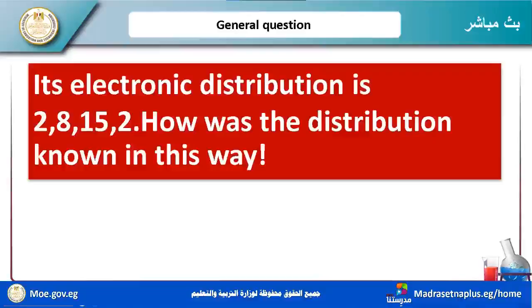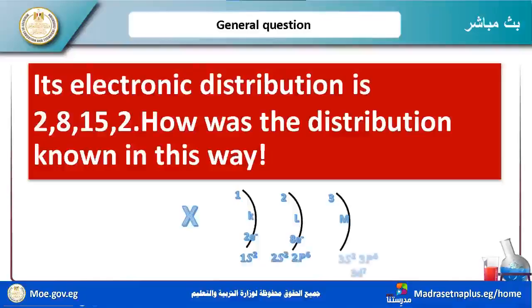How it is distributed is known by using electronic configuration by sublevel: 1s2 2s2 2p6 3s2 3p6 3d7, and we have 2 electrons in the last level, 4s2.